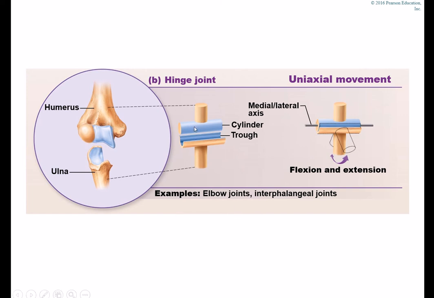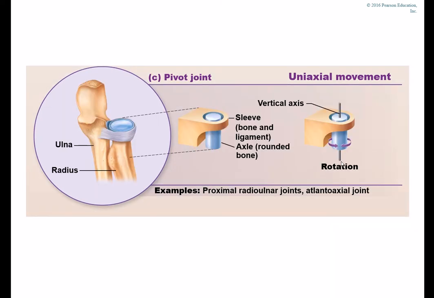So we have the cylinder here moving and making a joint with the trough. So you have the trochlea of the humerus into the trochlear notch of the ulna. They allow uniaxial movement, so in a medial or lateral axis. So they're going to do flexion and extension. The elbow joint, the interphalangeal joints, the knee joint. There are several different hinge joints in your body.